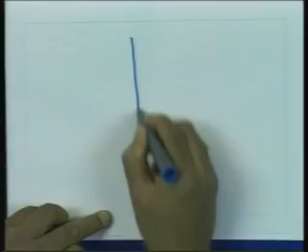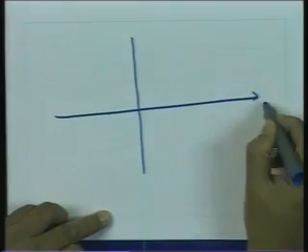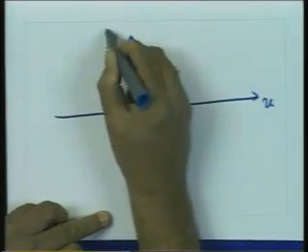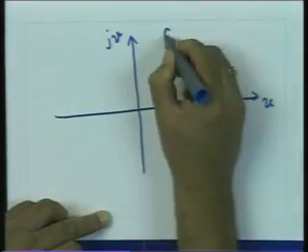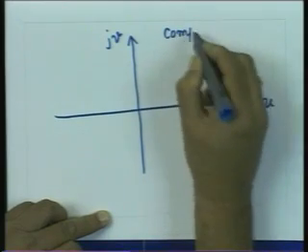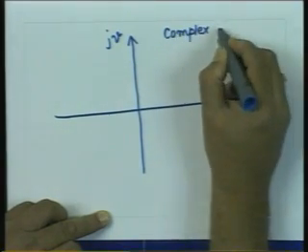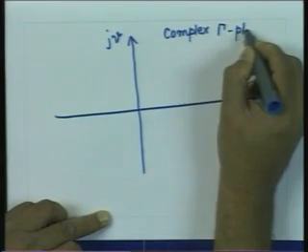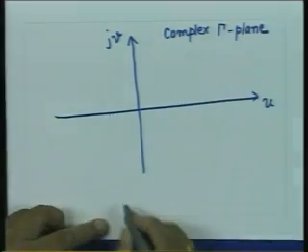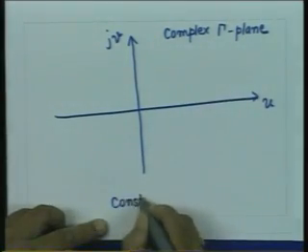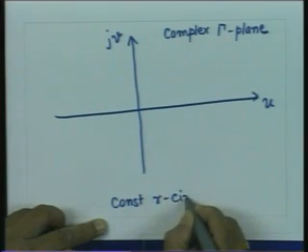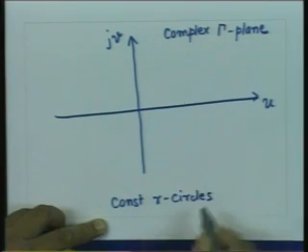So, first we graphically draw these two sets of circles and see how they look. Let us take first the constant resistance circle. So, this is our complex gamma plane, with axes u and jv. I am drawing now the complex gamma plane, and what we are drawing is the constant r circles or the constant resistance circles.